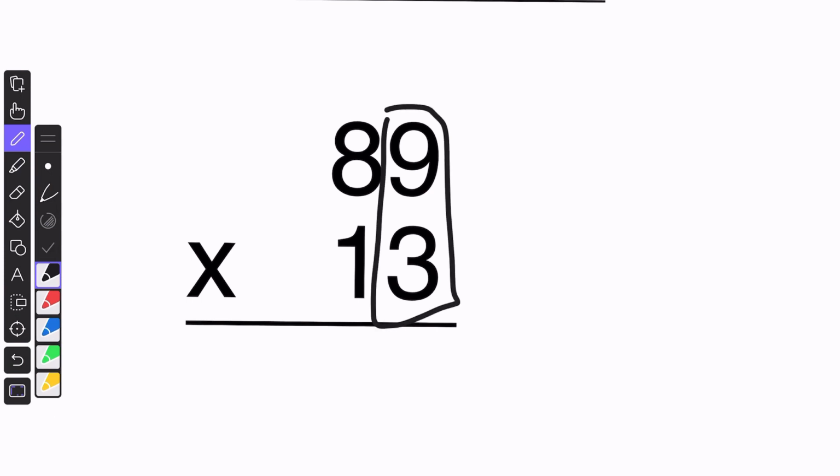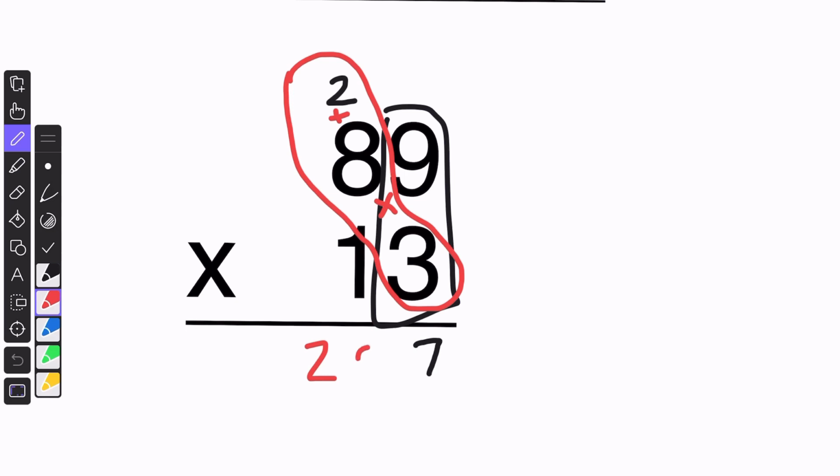Step 1, this is going to be 27, so 7, put the 2 up there. Step 2 is going to be multiply 8 times 3 and then add it. So that's going to be 24 plus 2, 26. Always add the placeholder.